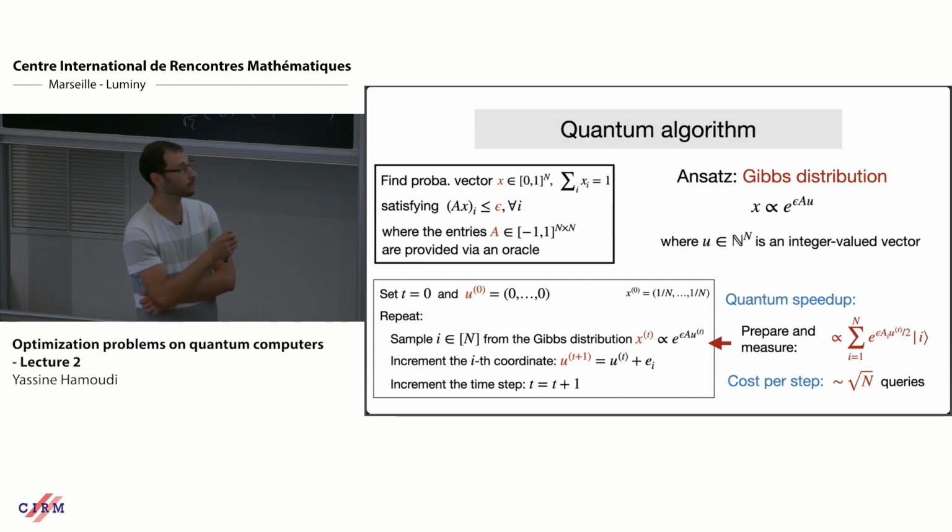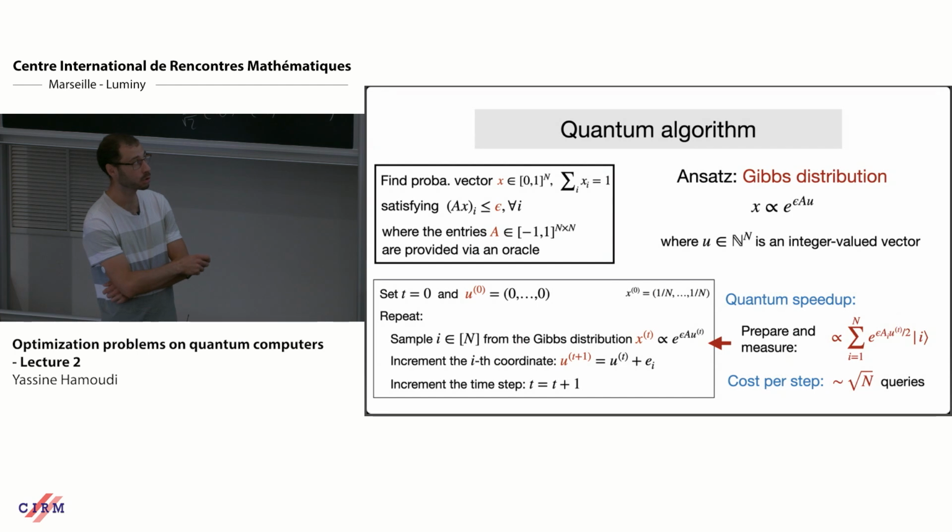Now, quantum speedup. The overall structure of the algorithm is going to be preserved. The quantum speedup is occurring in this step, the one where we are sampling from the Gibbs distribution. And the idea is pretty straightforward.